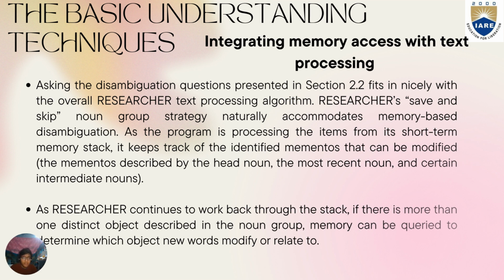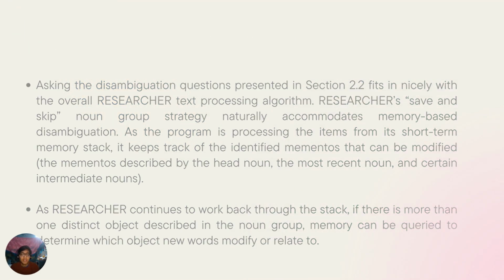As the program is processing the items from its short-term memory stack, it keeps track of the identified mementos that can be modified: the mementos described by the head noun, the most recent noun, and certain intermediate nouns. As researcher continues to work back through the stack, if there is more than one distinct object described in the noun group, memory can be queried to determine which object a new word modifier can relate to.